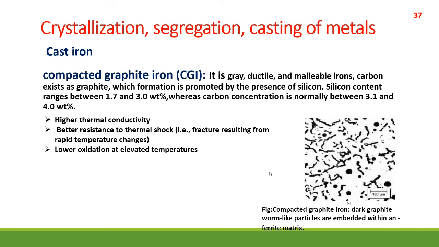Let's see what mechanical properties it shows. Number 1, it has higher thermal conductivity. Number 2, better resistance to thermal shock. Number 3, lower oxidation at elevated temperature. Depending upon these properties, they are widely used in diesel engine blocks, exhaust manifolds, gearbox housings, brake discs for high speed trains, and also for flywheels.